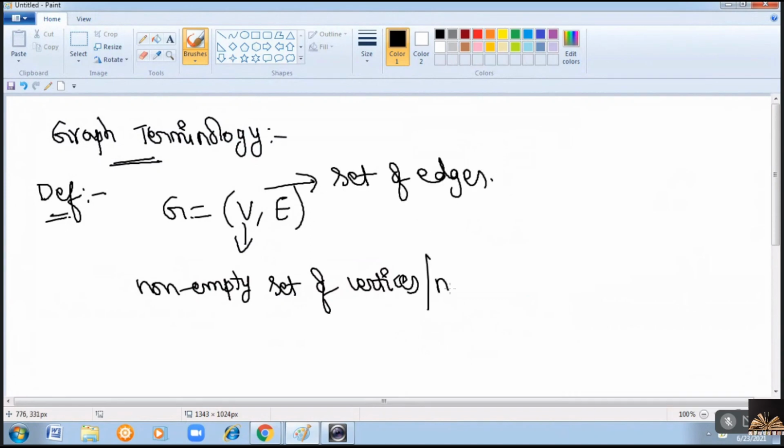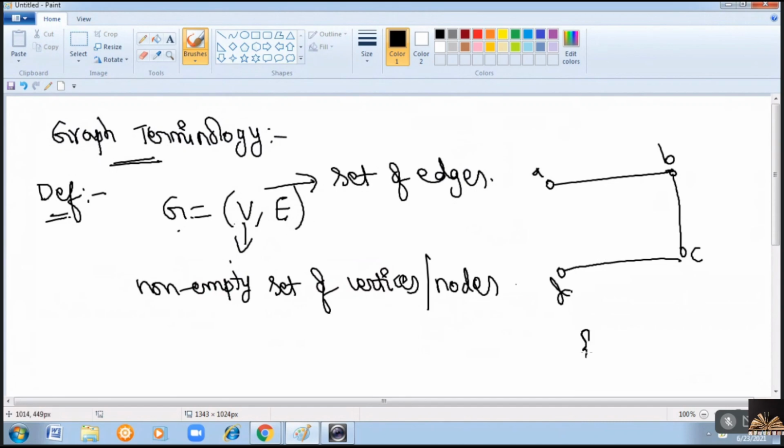The vertices are also known as nodes. Let us suppose you have a graph like this, A, B, C, D.